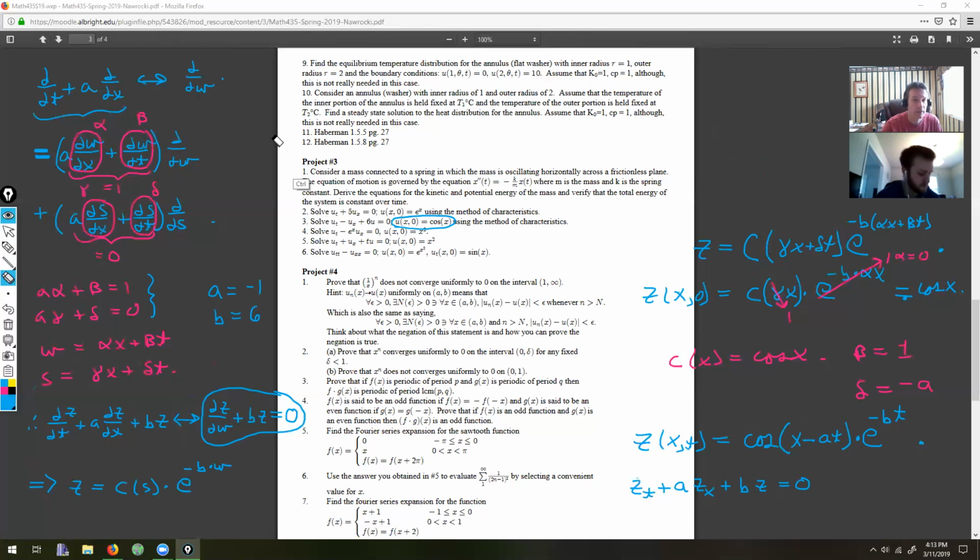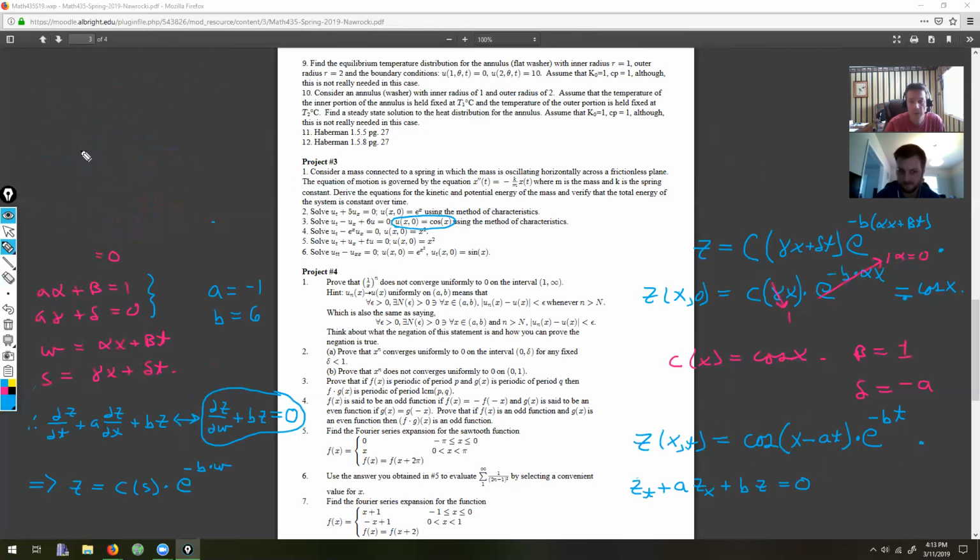So the derivative of that with respect to t is going to be the cosine of the stuff in there, e to the negative bt times negative b, plus, using the product rule, this times the derivative of the cosine with respect to t.